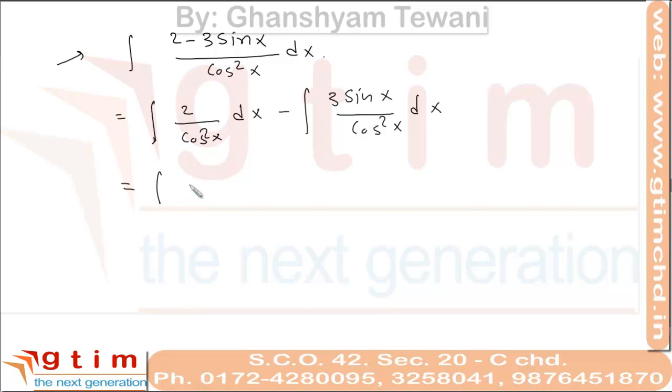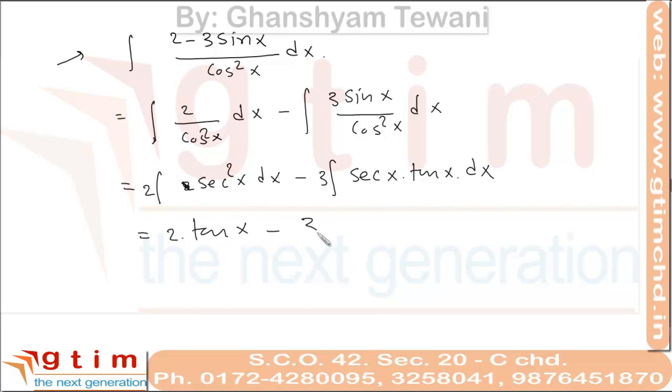Now this is 2 secant square x dx, and sin x upon cos square x can be written as secant x multiplied by tan x. We can take out 2 from here, outside the integration sign. This is tan x and this is secant x plus c.